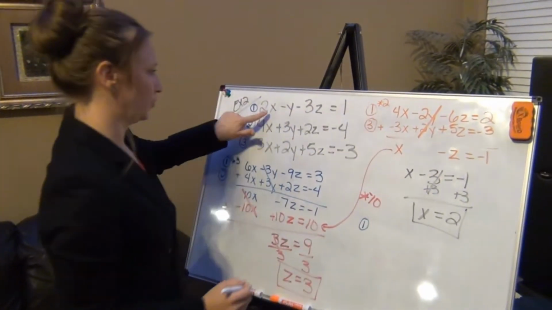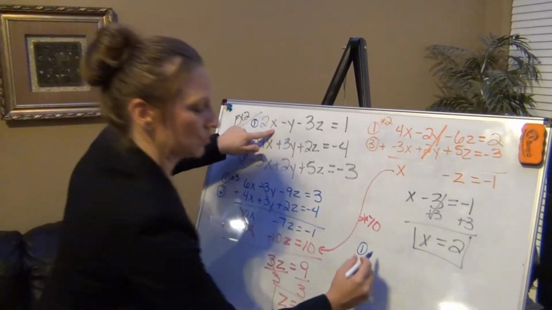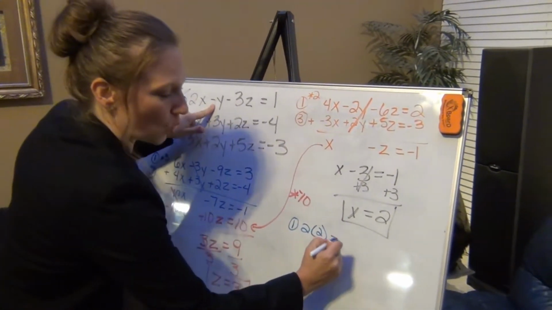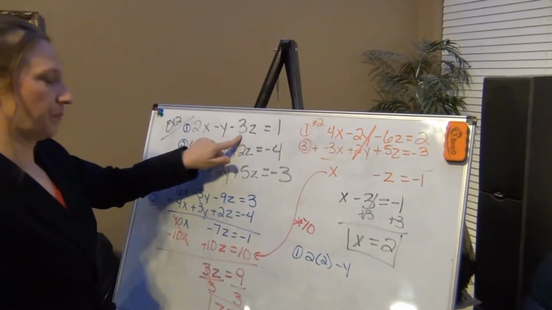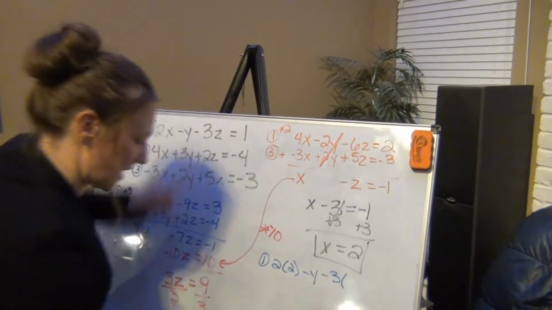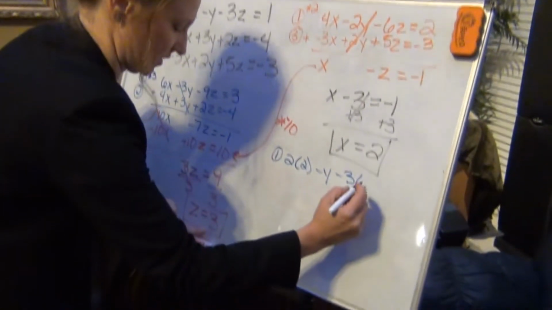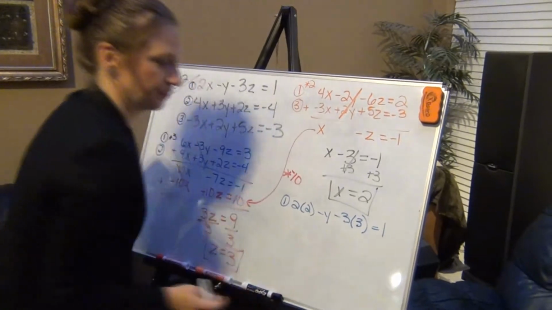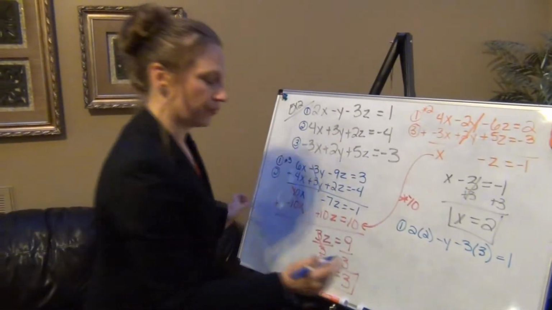And I'm going to plug in the x that we know, so 2 times 2 that we just solved, minus y, remember that's the one we don't know, minus 3 times z, which is the 3, equals 1. Now we're going to solve for y.